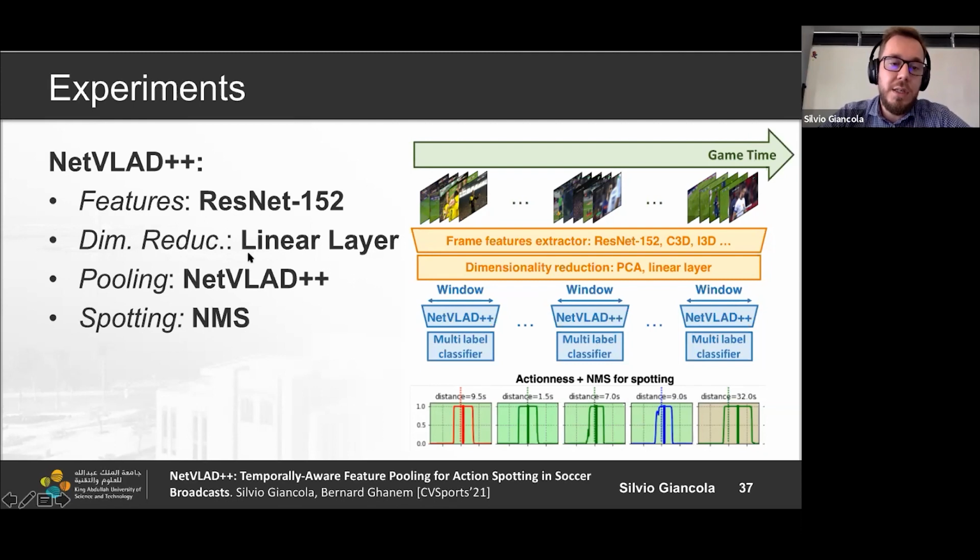And as a dimensionality reduction, I'm not using PCA anymore, but I'm learning that specific dimensionality reduction. So as you might know, the ResNet features have a dimension of 2048. And the PCA was used over the training, validation, I think maybe testing as well, in an unsupervised fashion using principal component analysis.